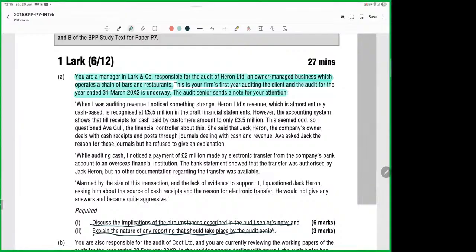You remember, you are the manager. Now you are audit senior, the one who is reporting to you. When I was auditing revenue, I noticed something strange. Heron Limited's revenue, which is almost entirely cash-based, is very risky. When they talk of cash-based, I must also reason in light of money laundering.